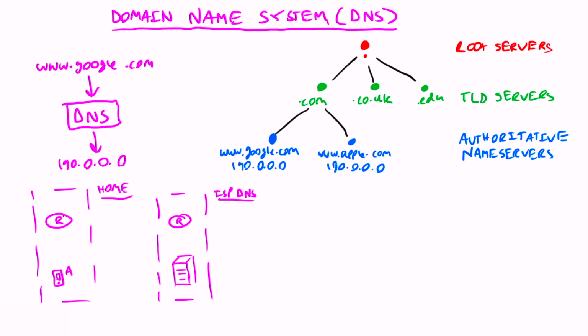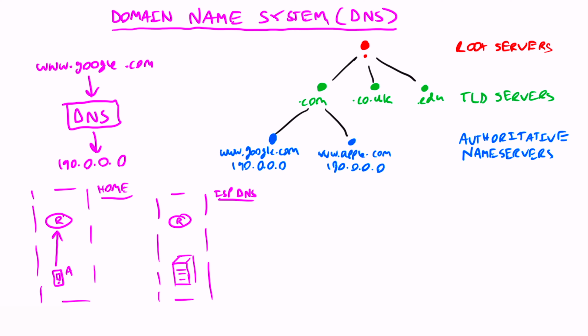So let's take a look at how DNS works. So you're on your device in your home network and you type in to your browser, you type in google.com, okay? So maybe in Safari, you typed in google.com. Now, to visit google.com, you need the actual IP address of google.com. And the way you're going to get that is your phone is going to send to the router, hey, I need the IP address of google.com.